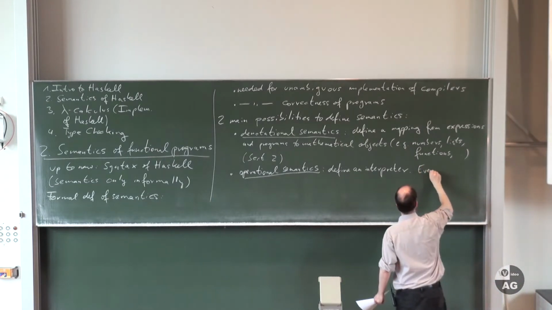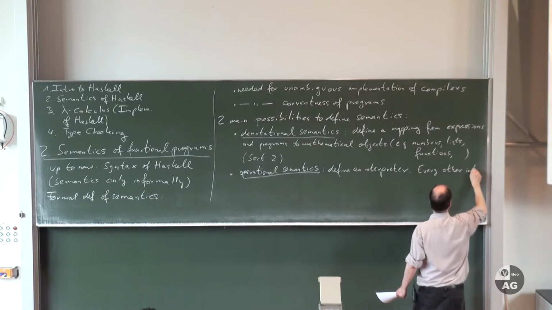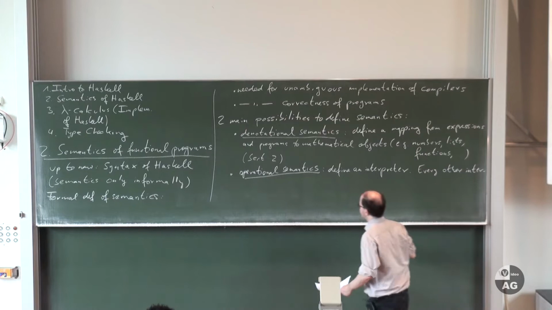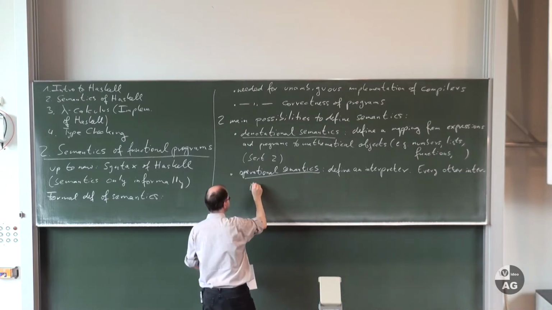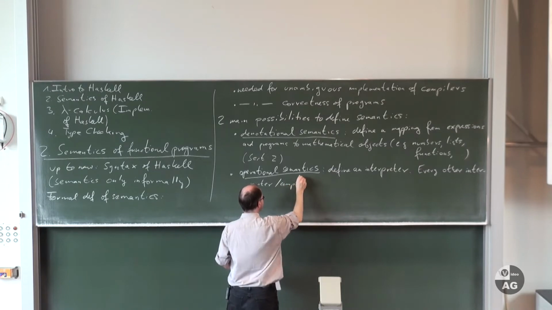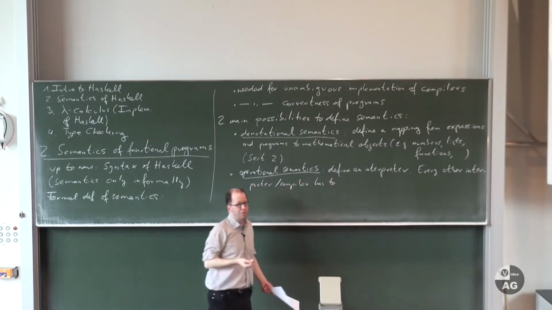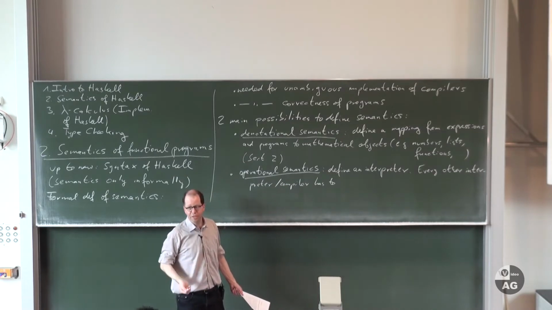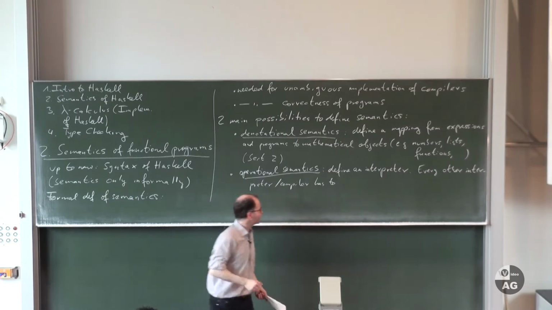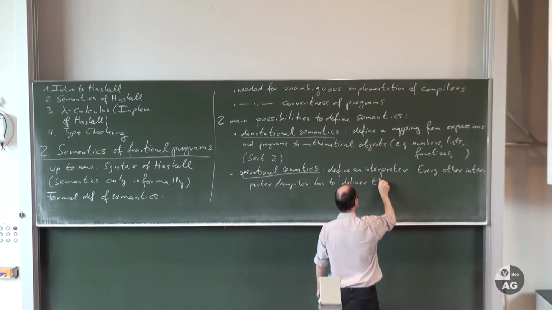So the idea is that every other interpreter or compiler that behaves in the same way is correct. So every other interpreter or compiler has to, well, deliver the same results. It might deliver them more quickly or more slowly, but it has to deliver the same results.